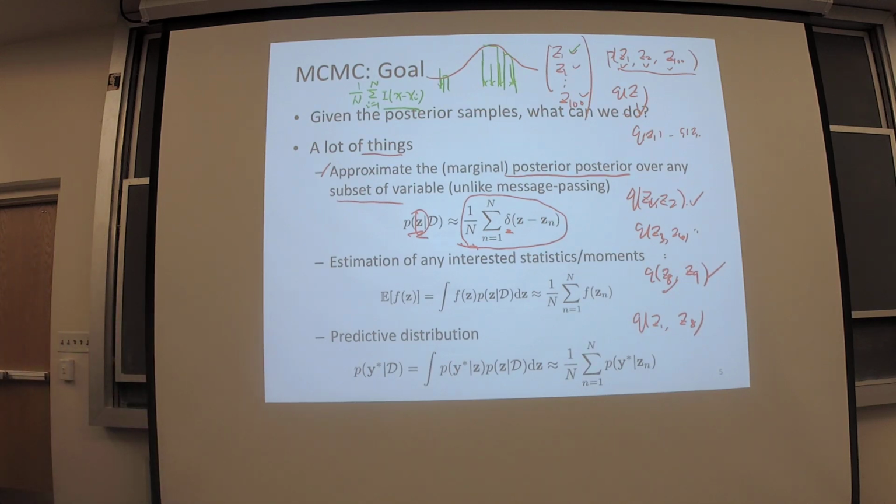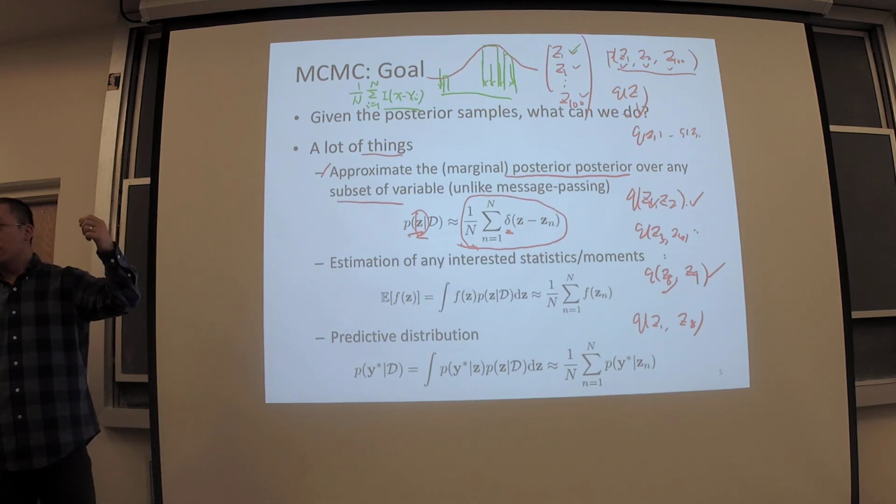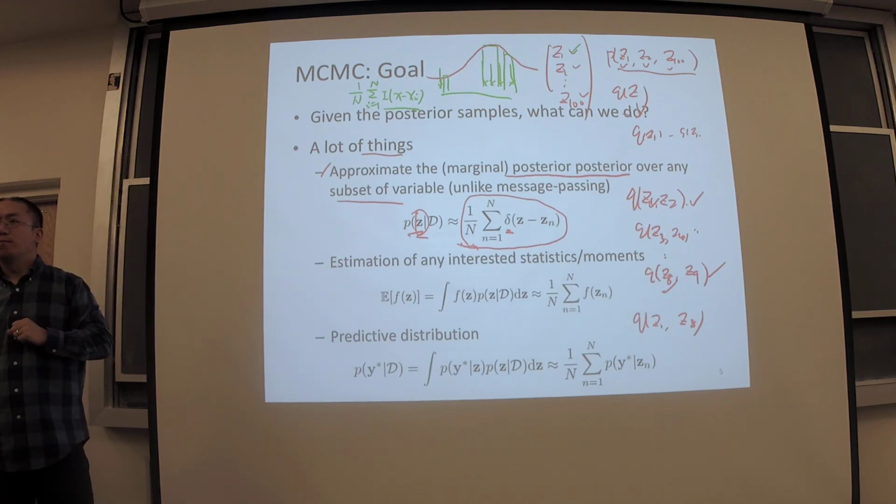And each sample here, although I draw it in a one-dimensional space, you can imagine I use my Markov-Chain Monte Carlo sampling and sample in a high-dimensional space. Each sample is high-dimensional. Now I have 1,000 high-dimensional samples, right? I want to approximate the marginal distribution of the 3 components in your random vector. How can I do that?